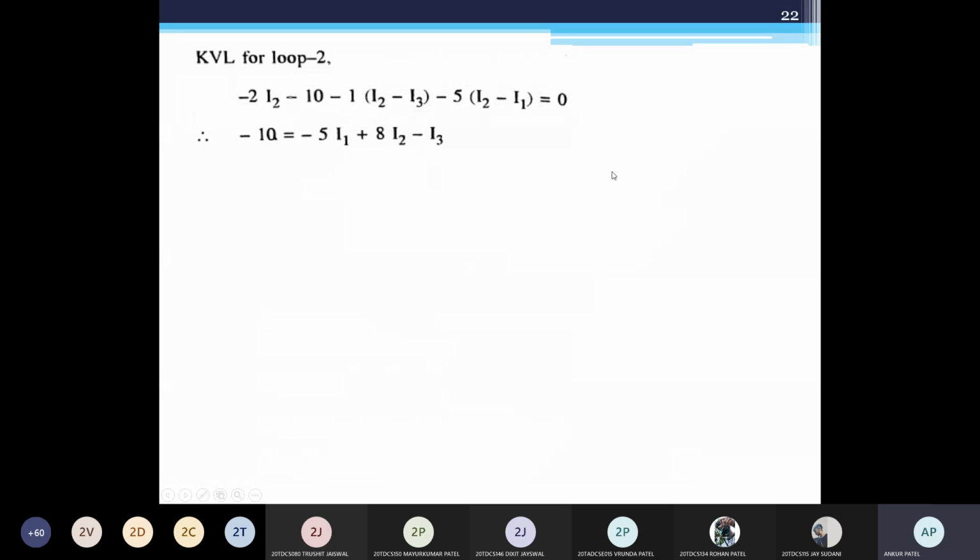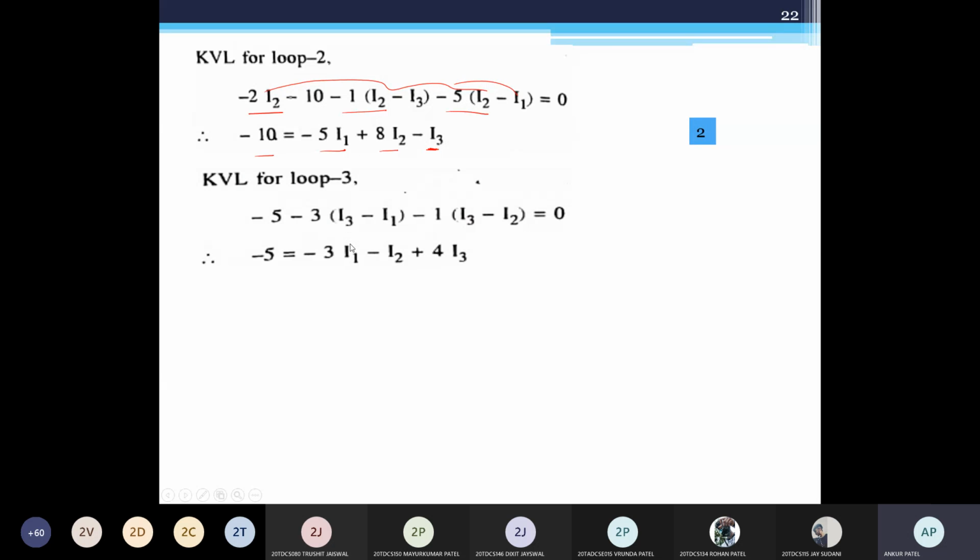Just separating the terms: minus 2 I2, minus 5 I2, and minus 1 I2, so 2, 5, 1 gives 8 I2. Then minus 5 I1 becomes plus when we shift the term, so on the RHS it is minus 5 I1, and minus I3 likewise. And this is minus 10. We are shifting the I1, I2, I3 terms to the RHS. So this is your second equation.